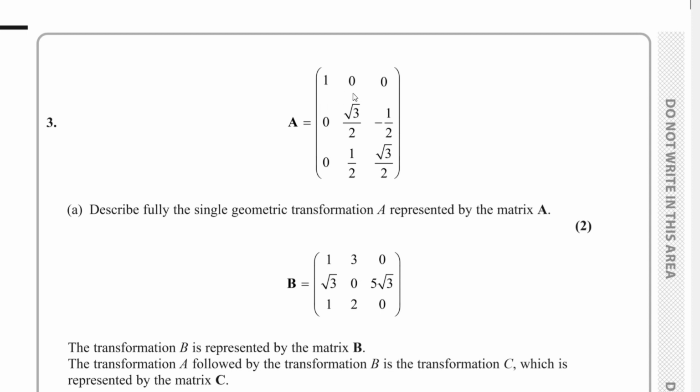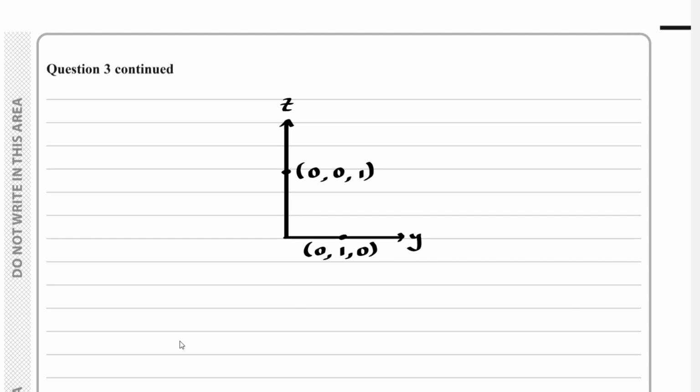And then in the y direction, we have 0 here, and in the z direction, we have 0 here. This suggests to us we are rotating about the x direction. And if that's the case, then looking down the x-axis, we see the yz axis, as we see here.